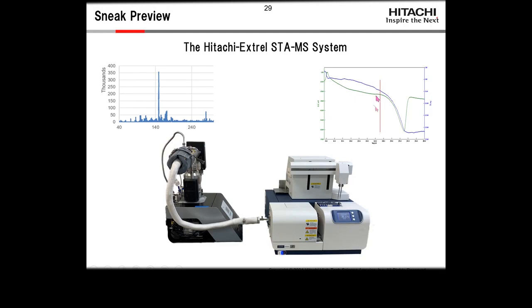This is actually a vaping solution that has a certain amount of nicotine in it, and if we take one point in this curve, we can see what the mass spec looks at that point, and be sure of exactly what's coming off at that particular temperature. So that's another way to improve the accuracy of your system.